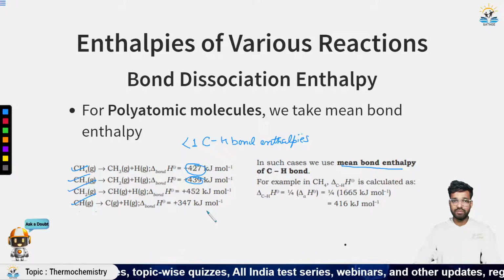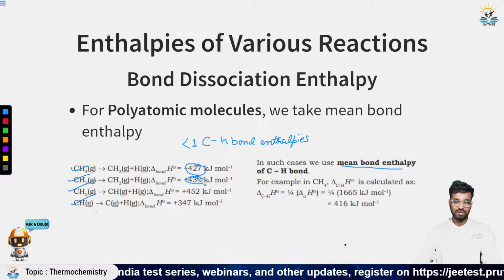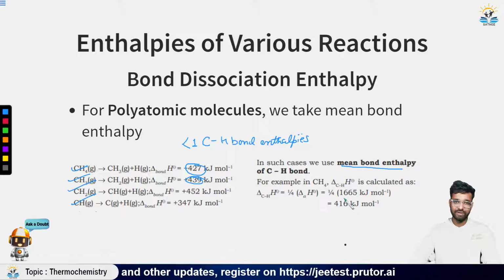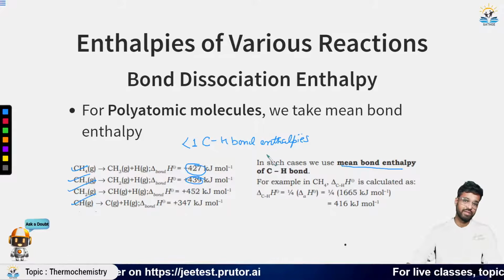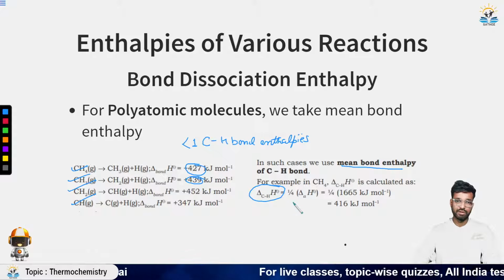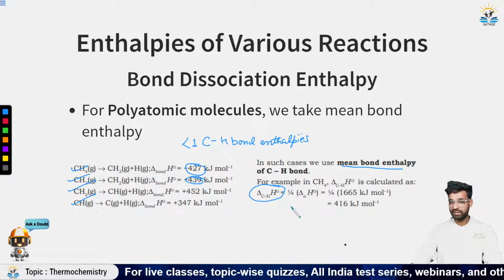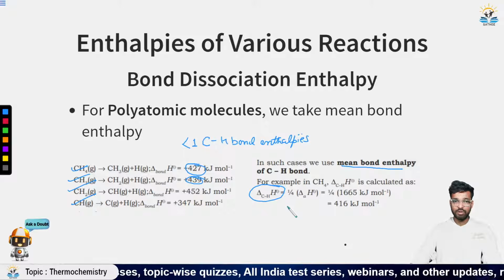Now what we will do is simply take the average of all of these. You know how to take an average. We will add all these 4 and divide by 4 to get the average bond enthalpy, or the mean bond enthalpy. And this is the used, significant one here.